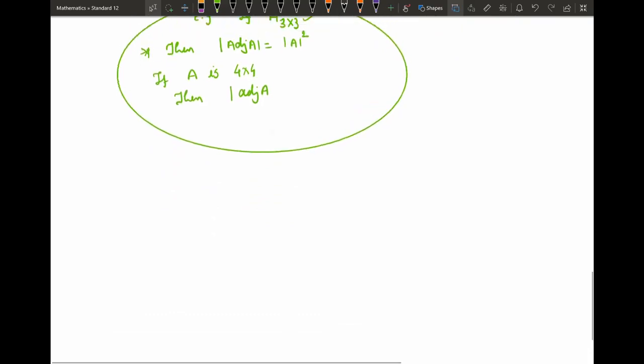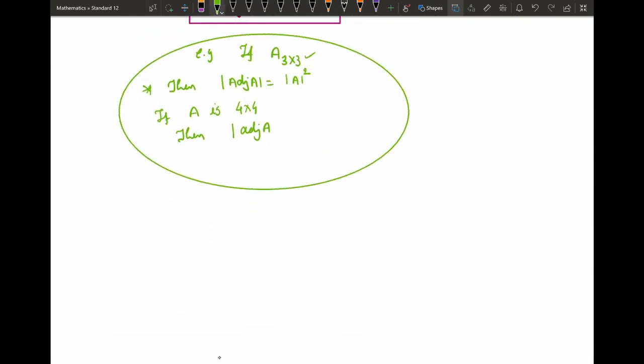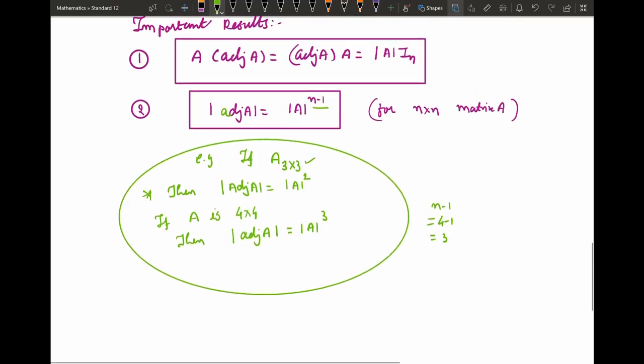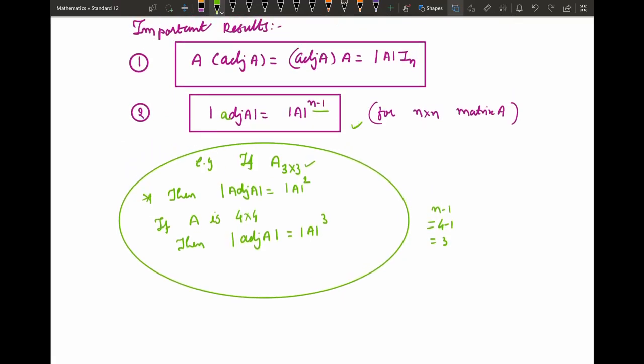So if A is 4 by 4, determinant of adjoint A equal to determinant A cube, because n minus 1, that is 4 minus 1, so 3. So this is a very important result. Determinant of adjoint A equal to determinant A raised to n minus 1. So two very important results for MCQ purpose.